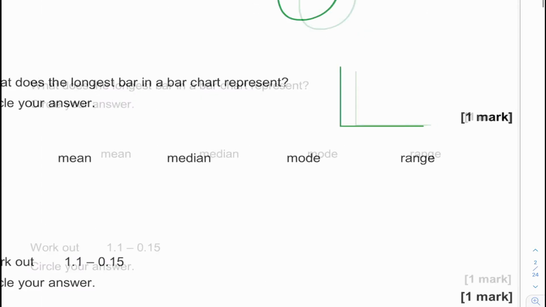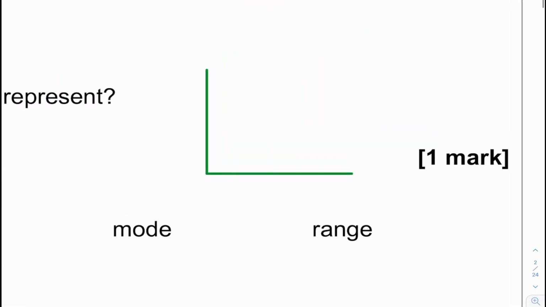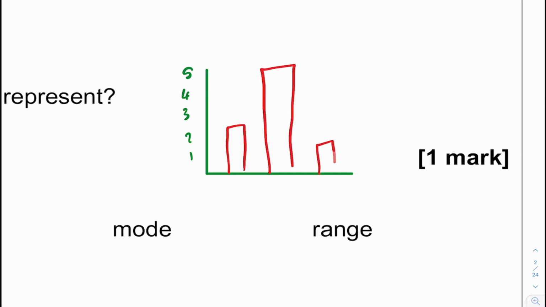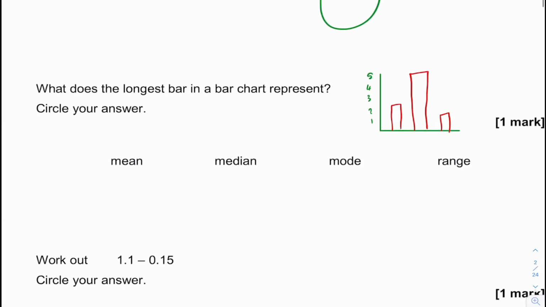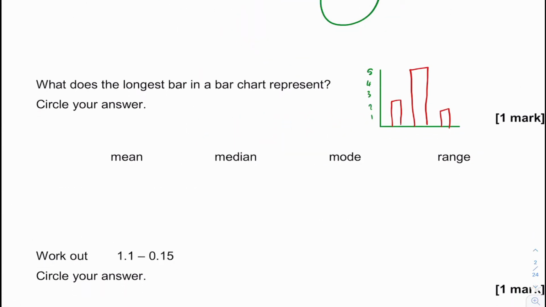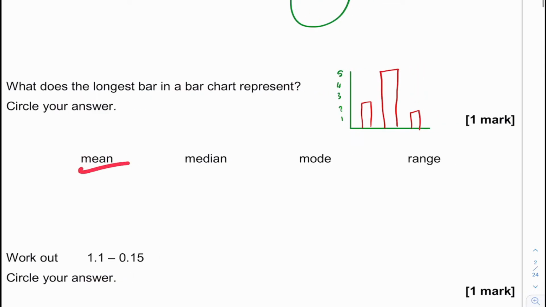We've got our axis here, and then we've got numbers going up the side, so the amount of times a piece of data occurs, and then we've got bars here. So let's draw one that's larger. Let's say we've got one here. Of course, this is not drawn to scale. And the question asks us, what does the longest bar in a bar chart represent? And it's either the mean, median, mode, or range.